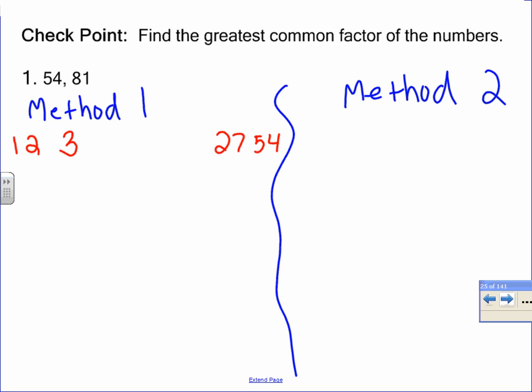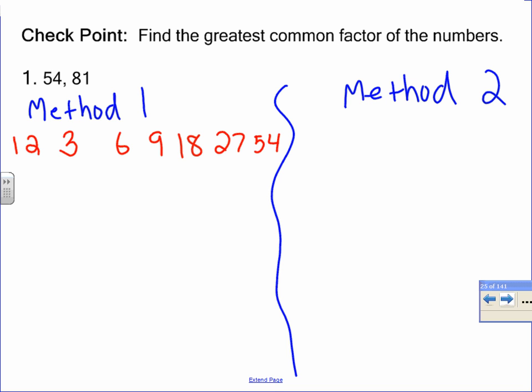Nope. It's okay, I put you on the spot. So, Mary, this is what we did at the beginning of class. 1 times 54, 2 times 27, 3 times 18, 6 times 9 are all 54. We're listing factors. This is method 1.